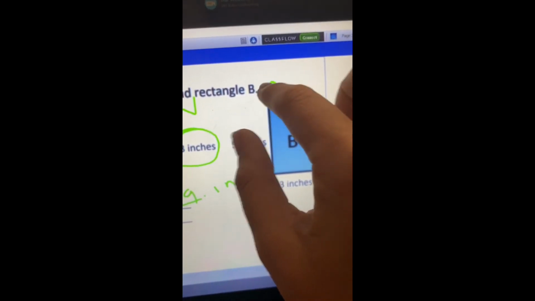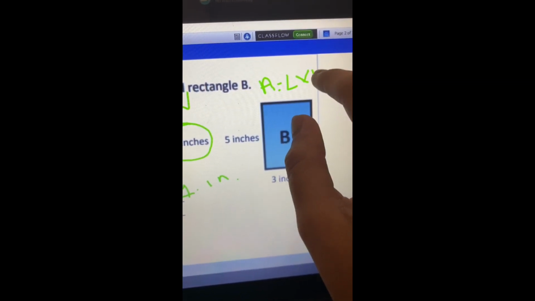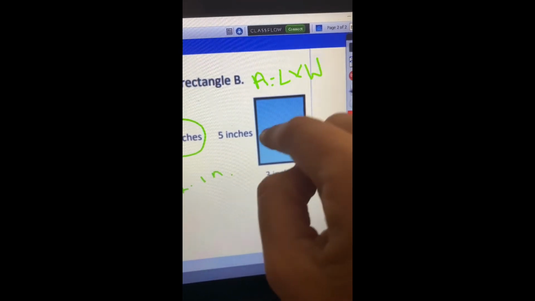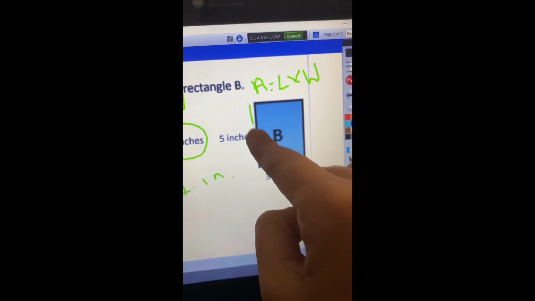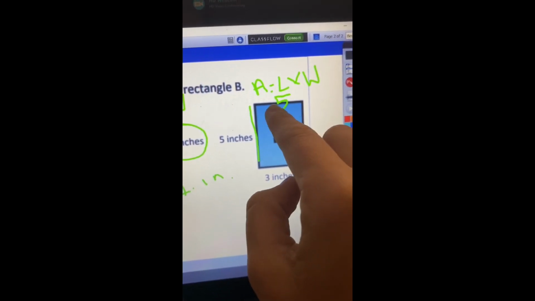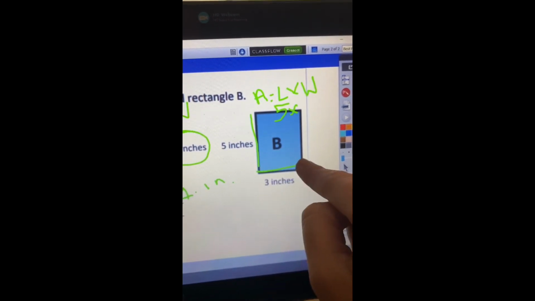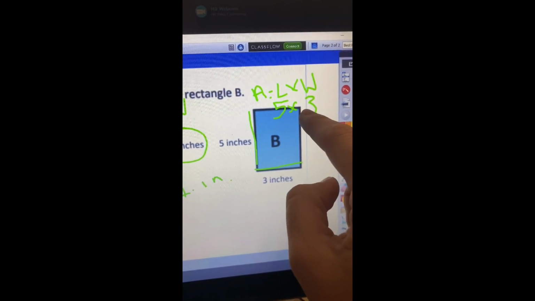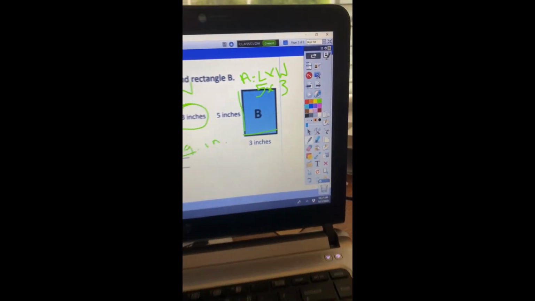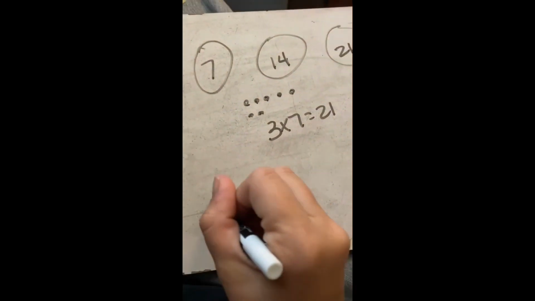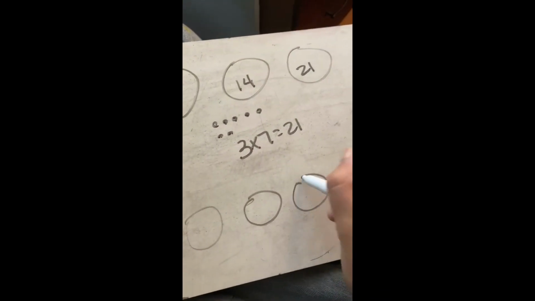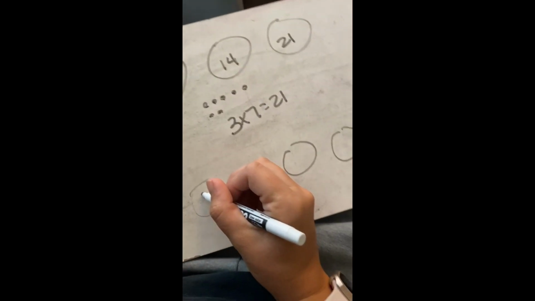Again, area equals length times width. The length is how long something is, so 5. And the width is how wide something is, so 3. So I'm going to do 5 groups, 1, 2, 3, 4, 5, with 3 in each, and I can skip count by 3s.